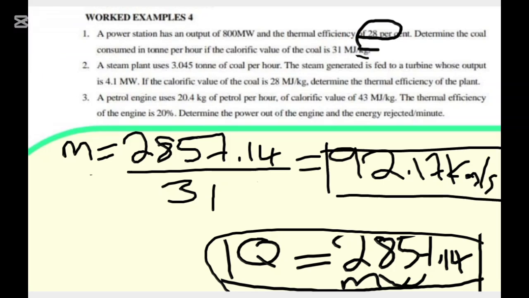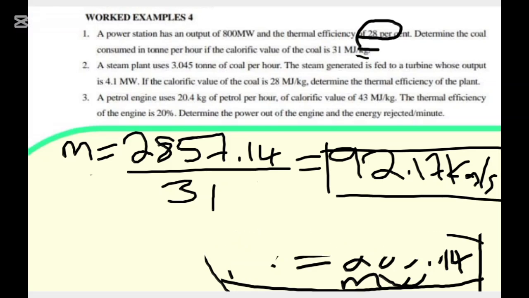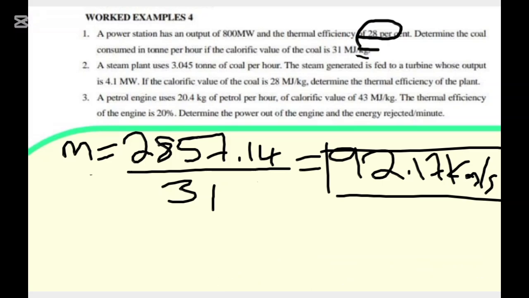But you have to take note that it says to convert to ton per hour. So I have to convert 92.17 kg per second to ton per hour.